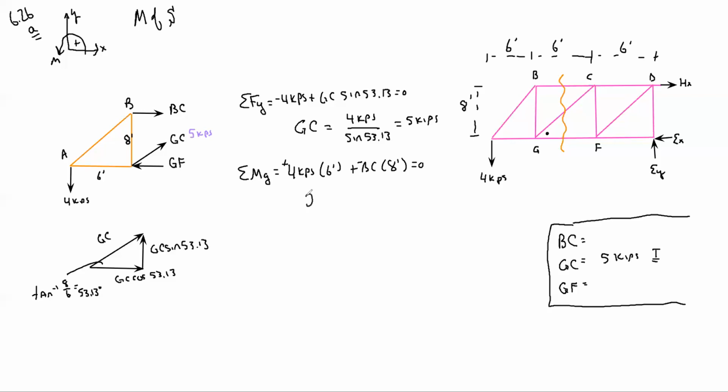So we've got 24 kip-feet minus BC times 8 feet. Subtract 24 from both sides, divide both sides by -8, and we get that BC is equal to 3 kips. Again, I have a positive number, which indicates that I have the correct direction assumed.